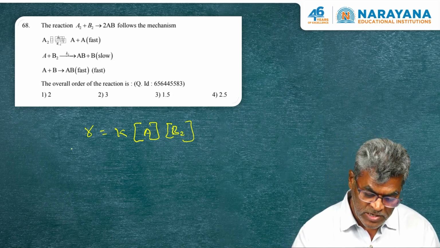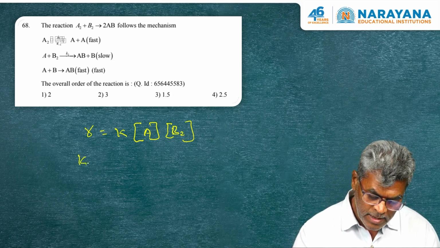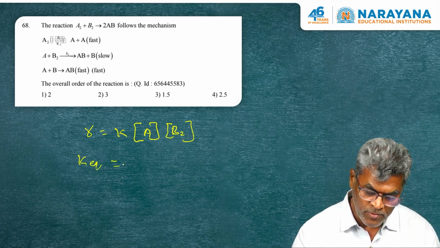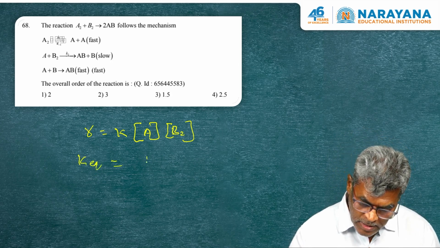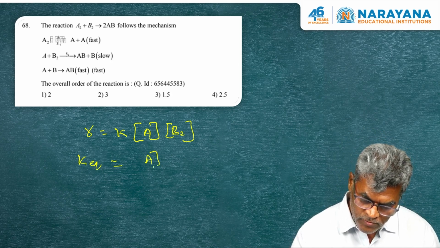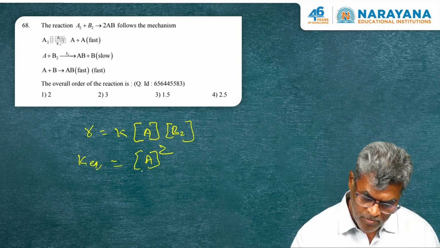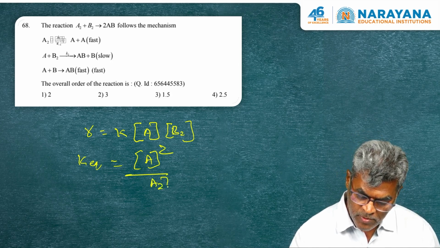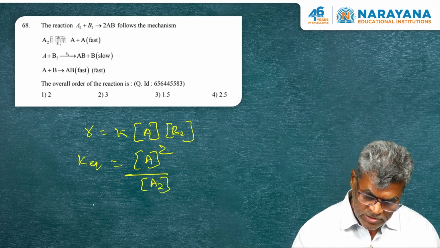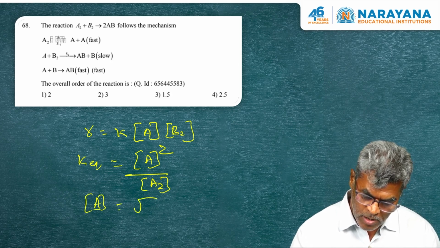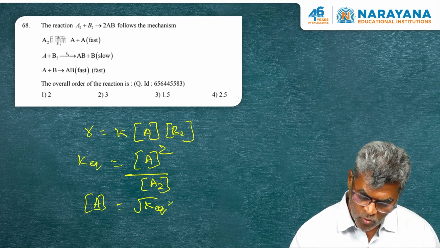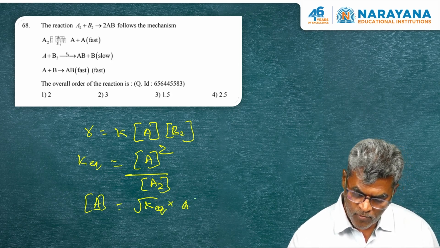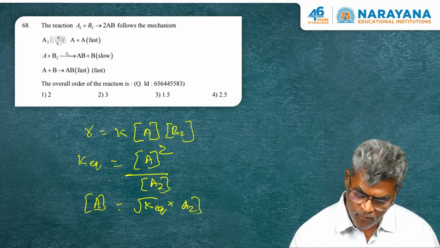If you write the first step equilibrium, K equilibrium is equal to A whole square by A2. So, concentration of A is equal to under root K equilibrium into A2 to the power of half.